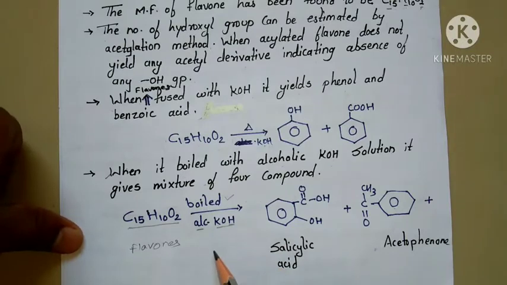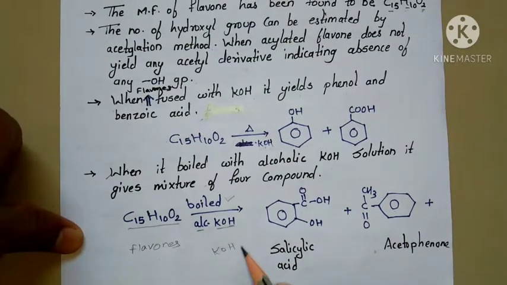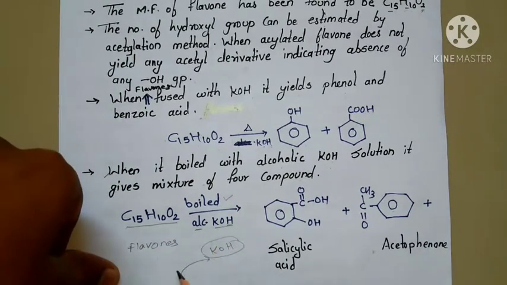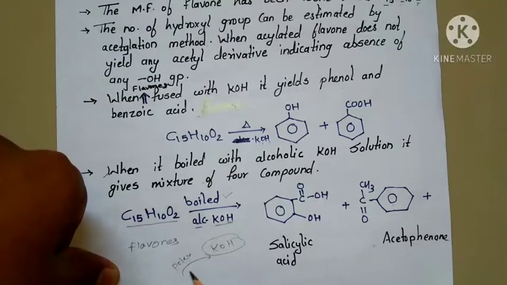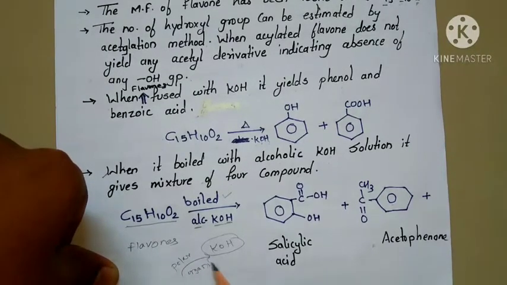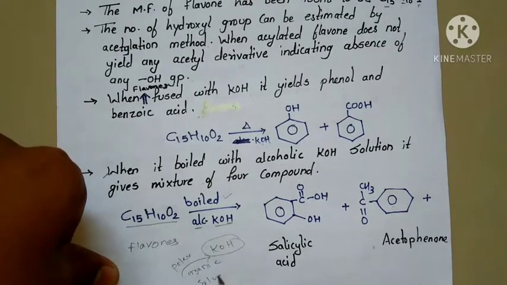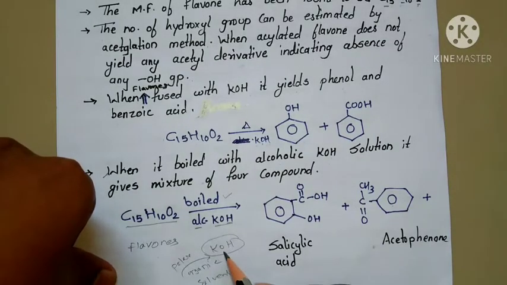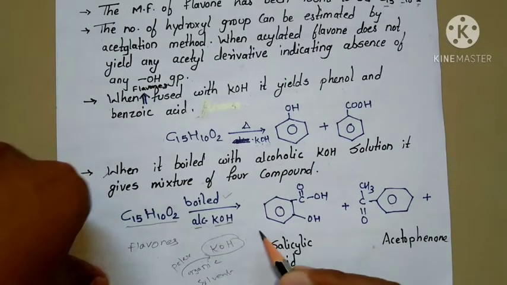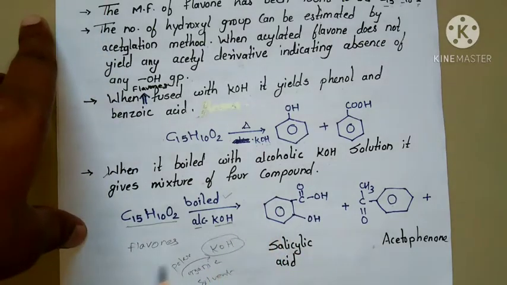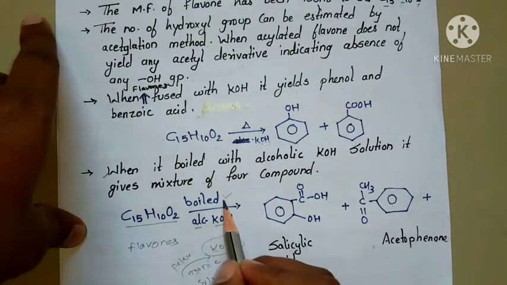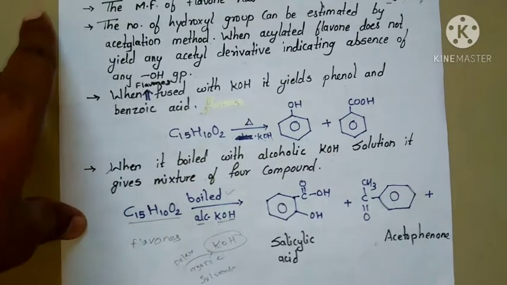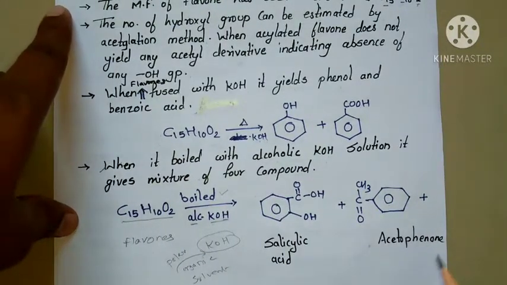Alcoholic KOH means we take KOH and add a polar organic solvent into it, with formation of K plus and OH minus ions. So when we add alcoholic KOH to flavones and heat or boil it, you will get a mixture of 4 compounds.